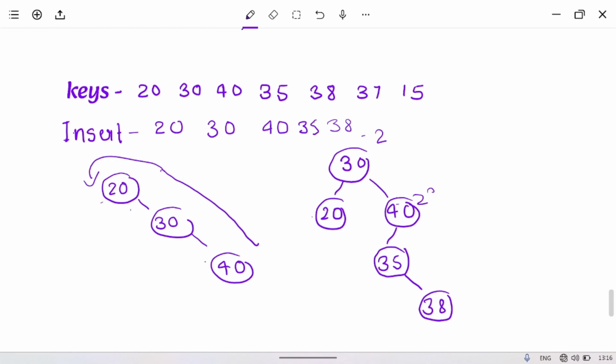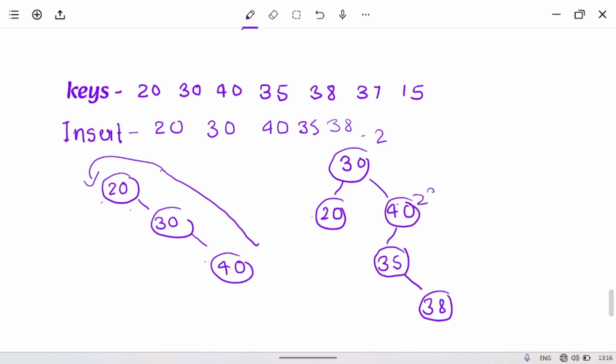First what we will check is, after insertion, which node becomes imbalanced. After insertion, whichever ancestor becomes imbalanced, first balance it. Now after insertion of 38, nodes 40 and 30 both become imbalanced, but first we will try to balance 40 because this is the first nearest ancestor of 38.